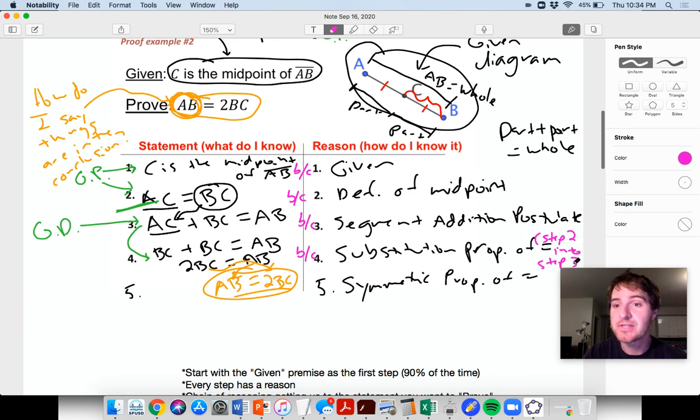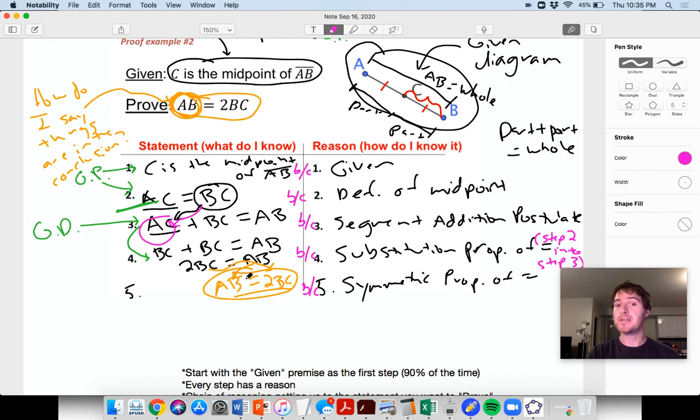And sometimes that does get written down for clarity's sake. Where did that come from? Where did the substitution come from? Well, step 2 into step 3 right here. And so finally, we know that 2BC equals AB because of combining like terms. I didn't need to say that. But finally, we know that AB must equal 2BC because the symmetric property of equality tells us that when we have a statement of equality, side doesn't matter.